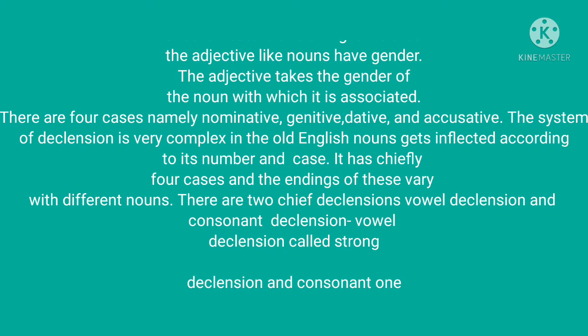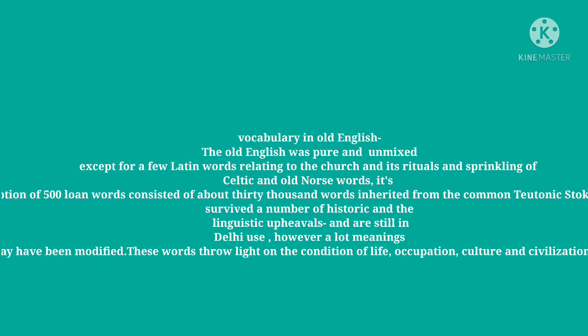Vocabulary in Old English. Old English was pure and unmixed because it was very near to the Germanic language, except for a few Latin words which belonged to the church and its rituals, and a sprinkling of Celtic and Old Norse words.